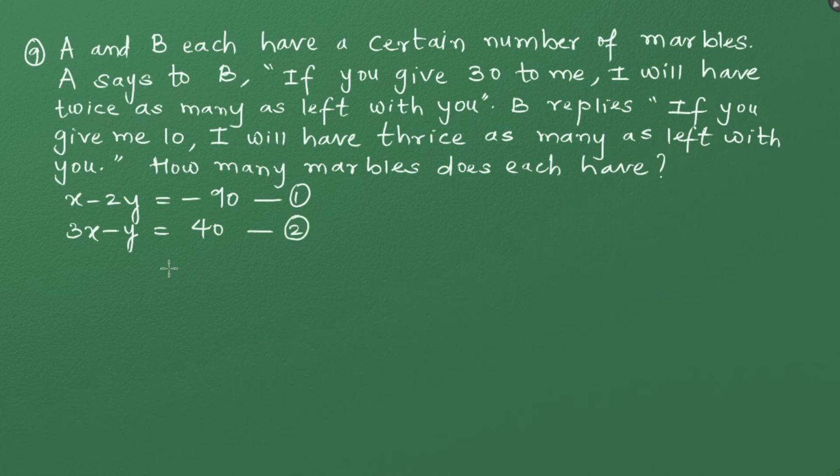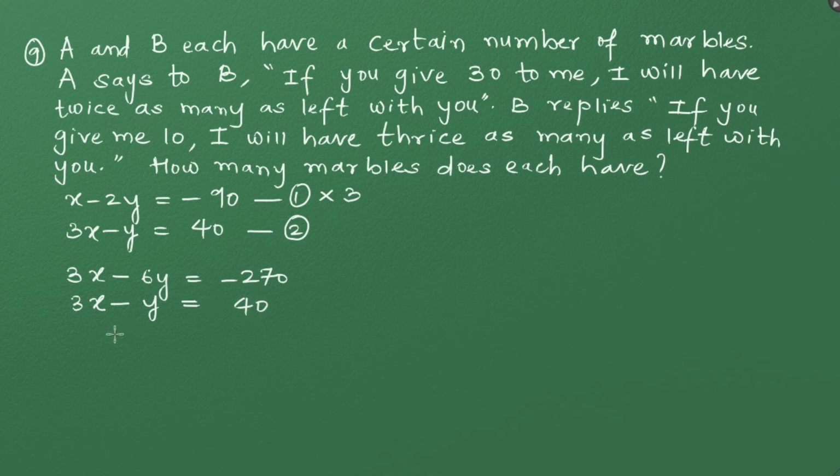if x is to be eliminated, multiply equation 1 by 3. So if you multiply equation 1 by 3, the equation becomes 3x minus 6y equals minus 270, and equation 2 as it is, or multiply by 1, it will be the same.